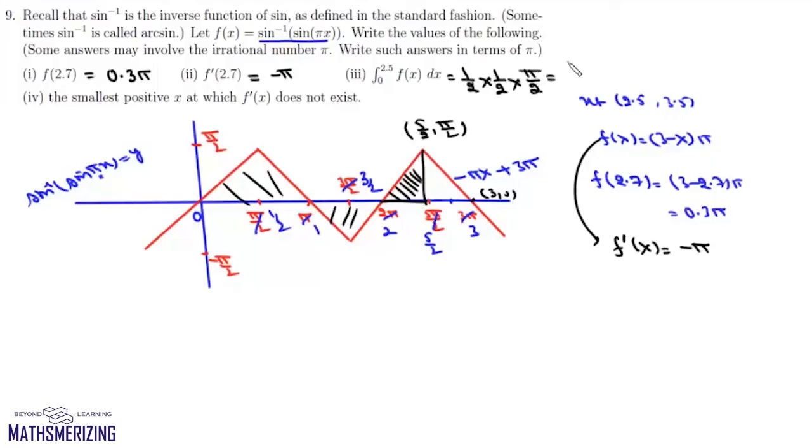So it'll be simply pi by 8. And the fourth one is the smallest positive x at which the derivative does not exist. So this function is not differentiable at this point. So the smallest value is at x equals 1 by 2. So here this one is going to be x equals 1 by 2. So the answer to this question is 0.3 pi, minus pi, pi by 8 and 1 by 2.